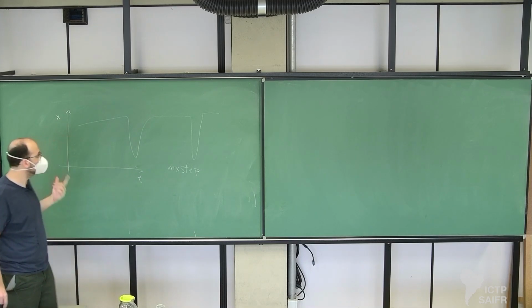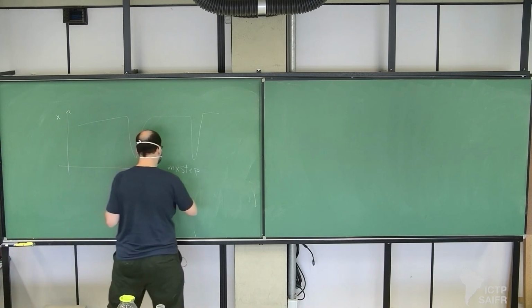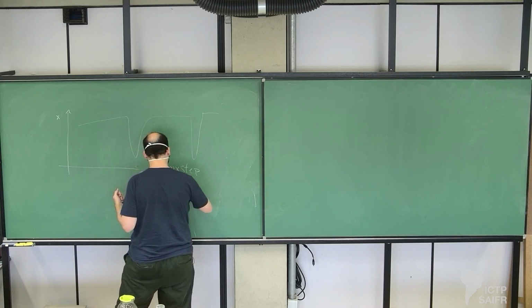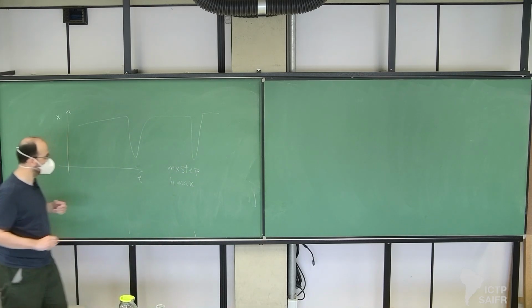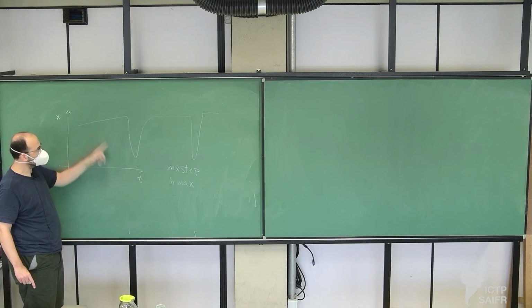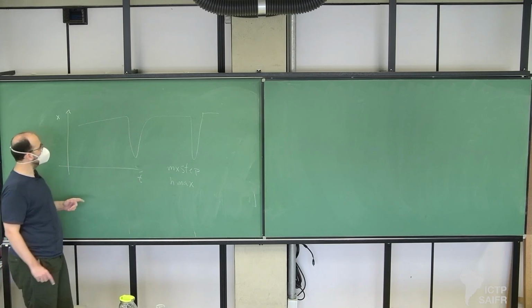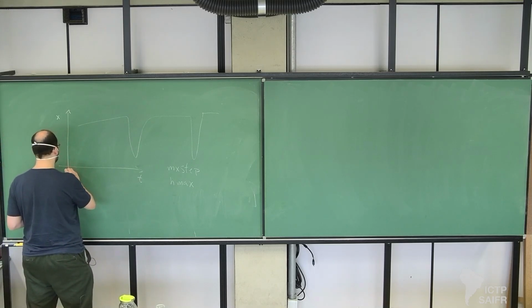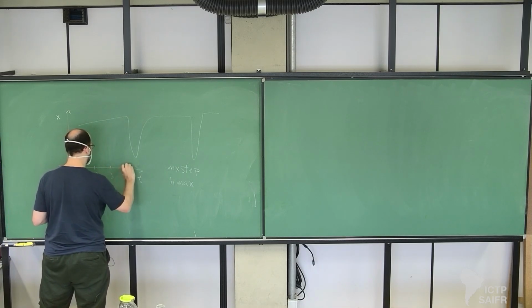Another way to do this is another optional parameter called HMAX. HMAX tells the function that the maximum time step that it can ever take is this value. So, for instance, suppose that this is 0, 1, 2, 3, 4.